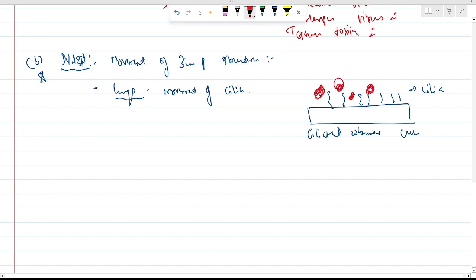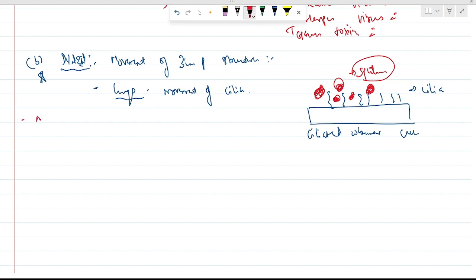This debris accumulates above the ciliated columnar cells, thus barring the movement of cilia. These debris are called sputum. Sputum or the debris accumulates above the ciliated columnar cells, thus barring the movement of cilia.